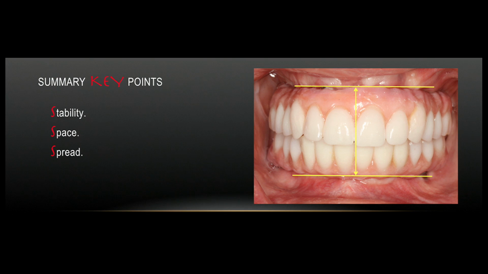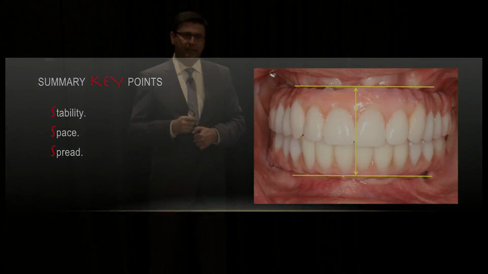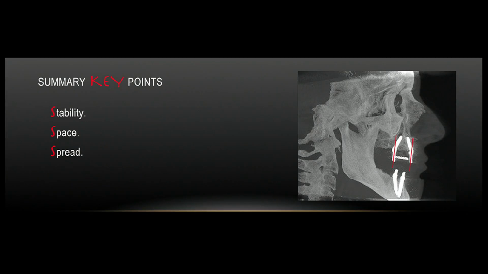What we've learned to successfully treat these patients with a successful prosthetic appliance is that we need a lot of space. We don't want to have fractures and problems with the prosthetic, so consider that. And finally, spread. We know that AP spread is the most important factor in counteracting the deleterious effects of forces that are placed on occlusion.